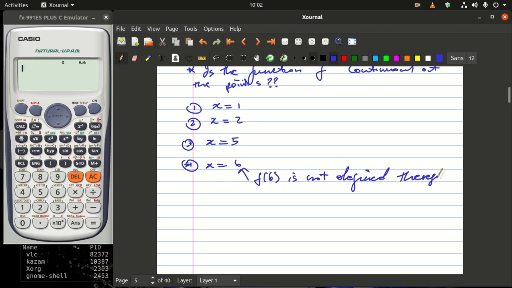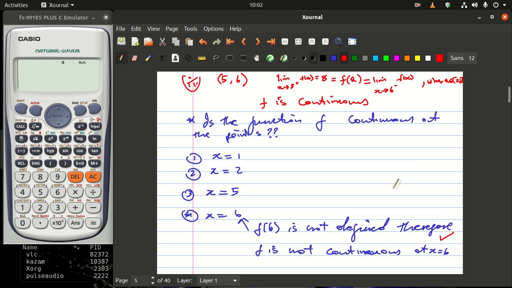Since it is not defined, therefore f is not continuous, or it is discontinuous at x is equal to 6. One condition is not satisfied, so it is not continuous. Clean. So you are done with this one here.